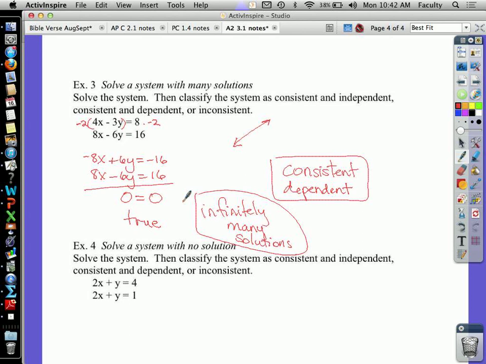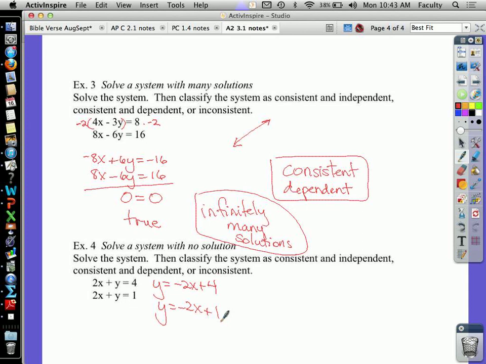All right, in example 4, because these are easy enough, let's solve each equation for y by subtracting 2x from both sides. So that leaves me with y equals -2x plus 4 and y equals -2x plus 1.